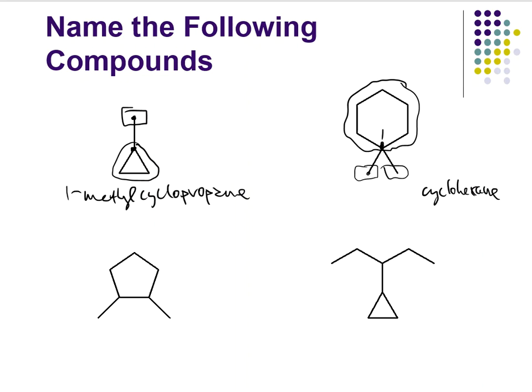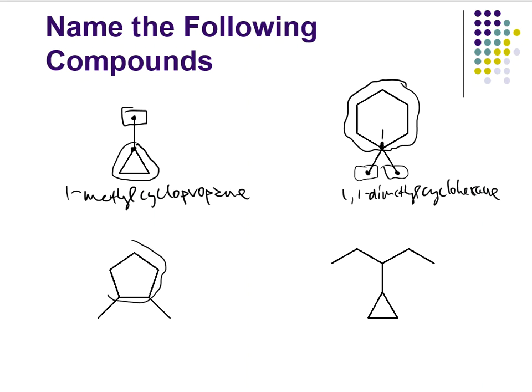We have a methyl to the left and a methyl to the right. That's understood to be 1 carbon each. So there are 2 methyl groups. So this is a dimethyl, and I have to give each one of them a number. So 1,1-dimethylcyclohexane.